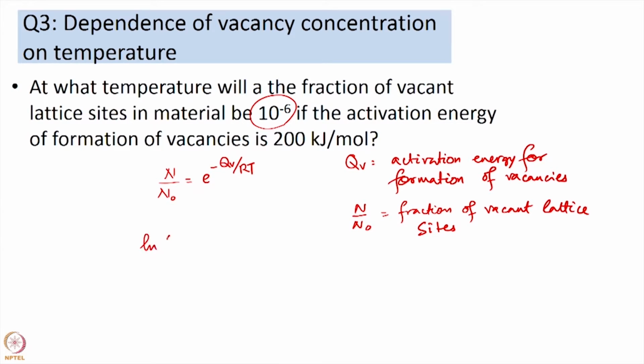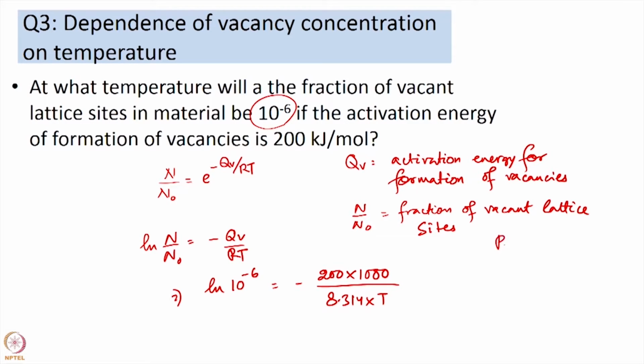So, the problem then basically converts into the following. You have to take log on both sides. So, this implies ln of 10 to the power minus 6 is equal to minus 200 into 1000 divided by 8.314 into T. R is the gas constant, which has a value of 8.314.